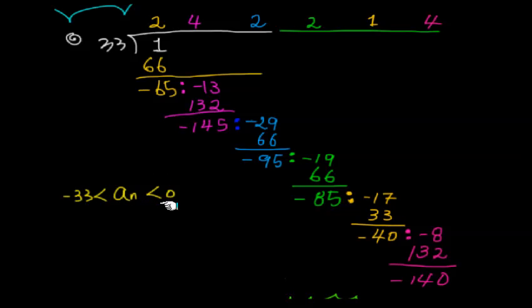So I inductively prove that if I call that number a_n. I'm sorry, I should have used a different notation. a_n is not the coefficient of the p-adic expansion, it is this remainder I was thinking of. So I put a_n there. If I have a_n that is between 0 and -33, we show a_(n+1) through that process is still between 0 and -33, and that's what we have to show.